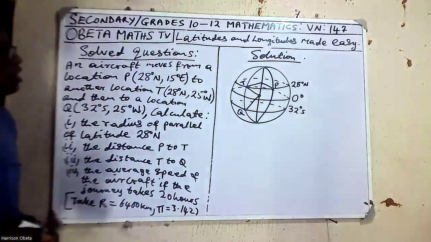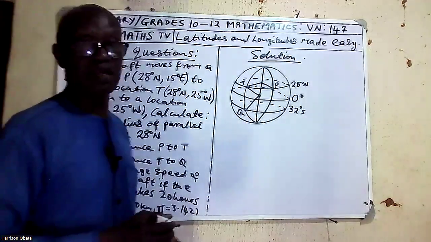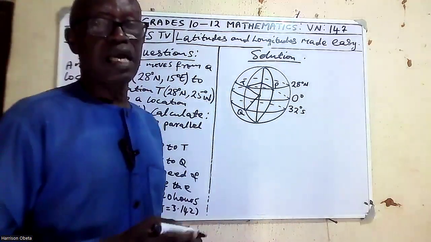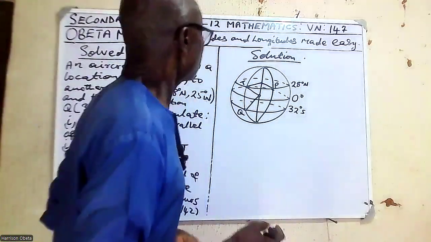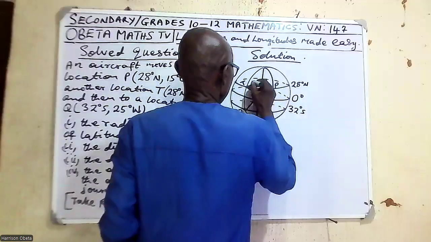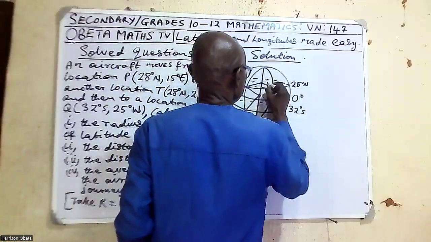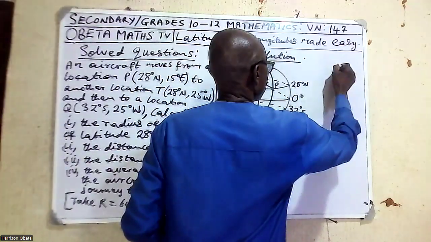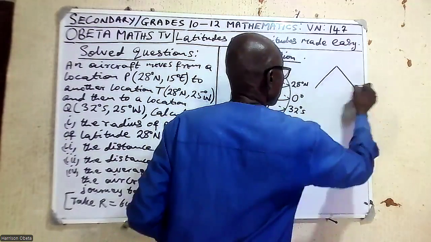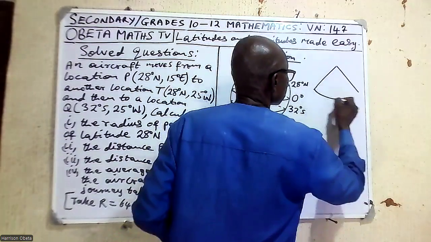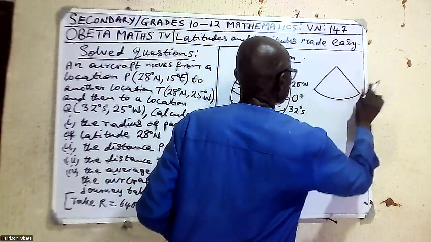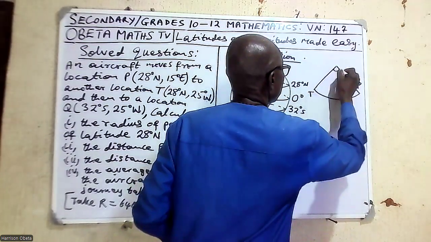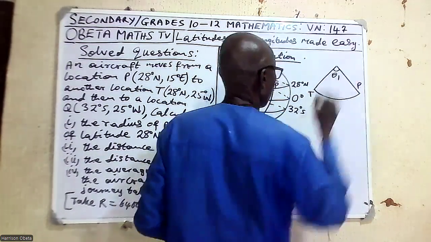Now the distance between P and T is along parallel of latitude, while the distance between T and Q is along the longitude. So the first thing we have to calculate is small r. This should be our P, T. Let's call this theta 1.